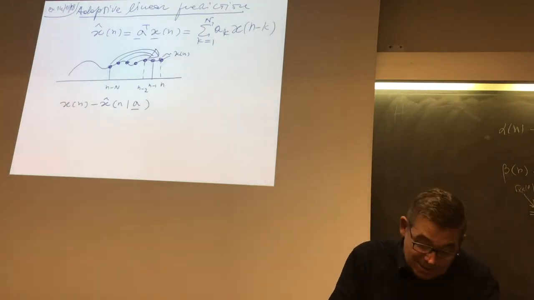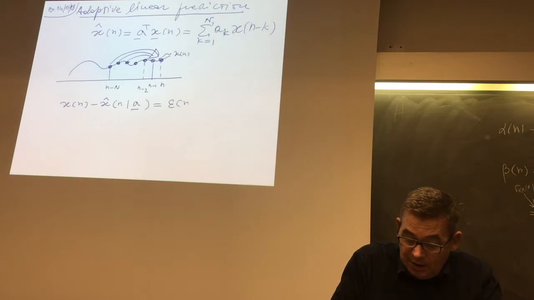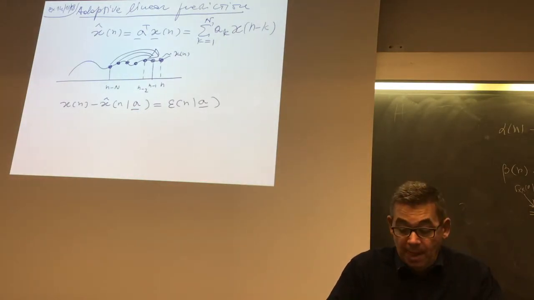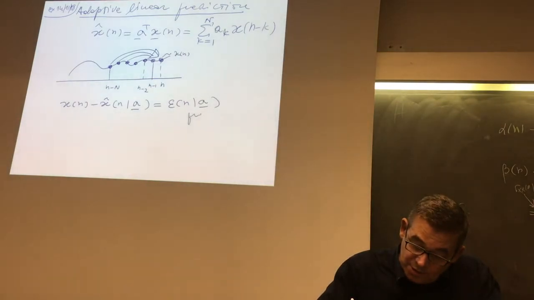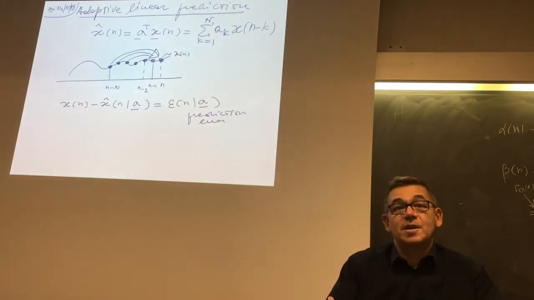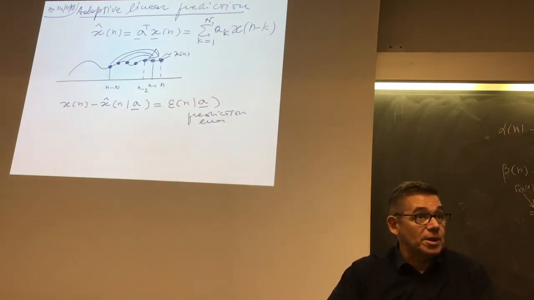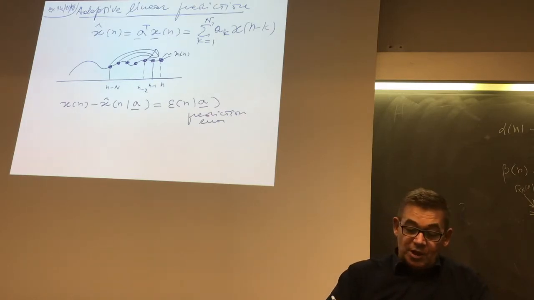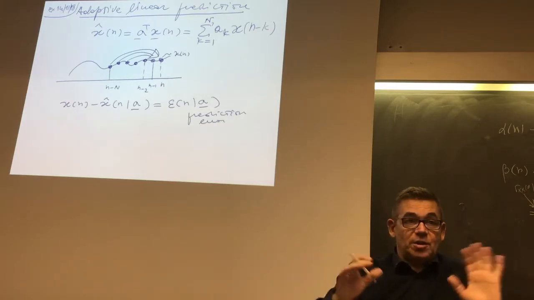Now, this one is epsilon, and that depends on the set of linear predictor coefficients. So this one is the prediction error. Actually, it's the error, but since it's dedicated to linear prediction, I give the name prediction error.